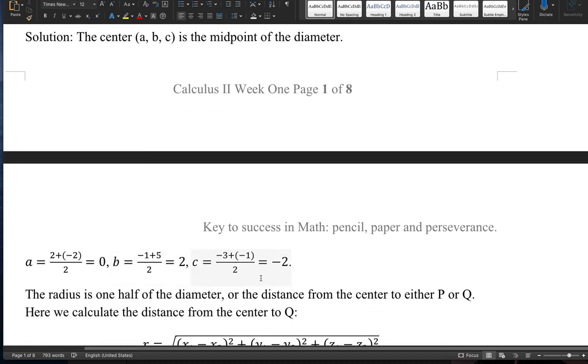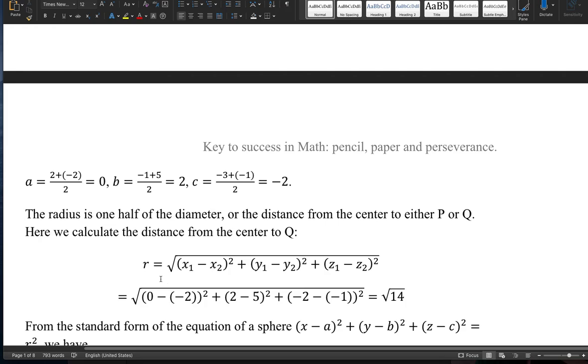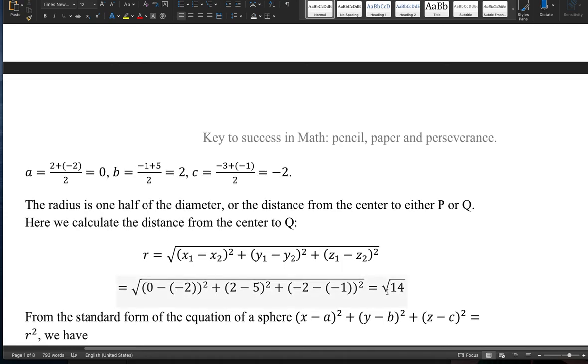And also the radius: this time, I calculated it simply starting from the center, either to P or Q. What I did was calculate the radius from the center to Q. So this is my calculation. Hopefully the numbers are all right. If you have any question or feel something is not right, just let me know.